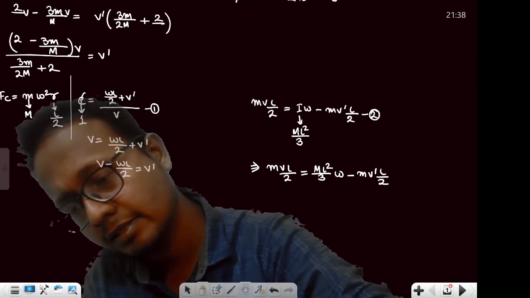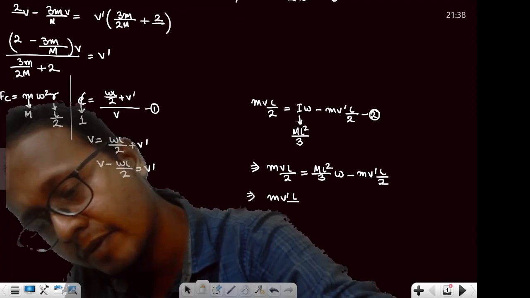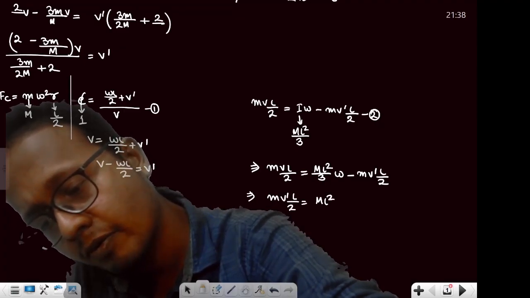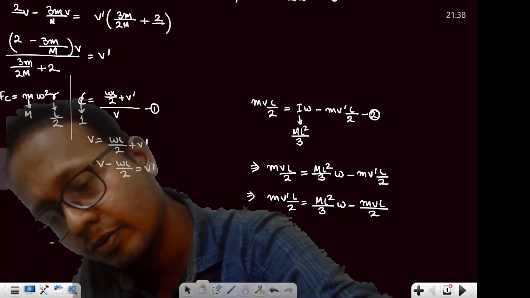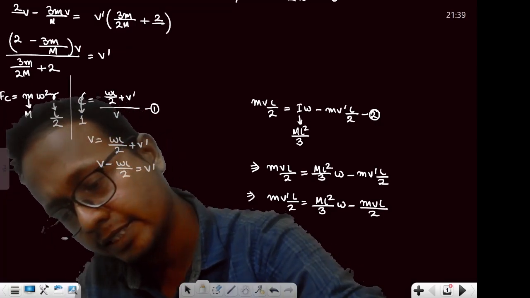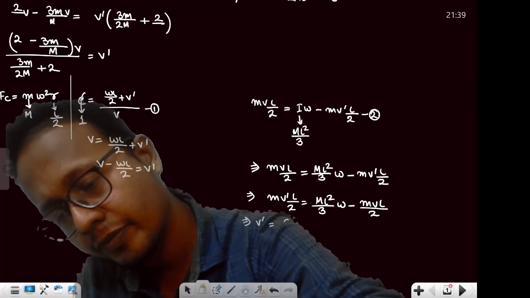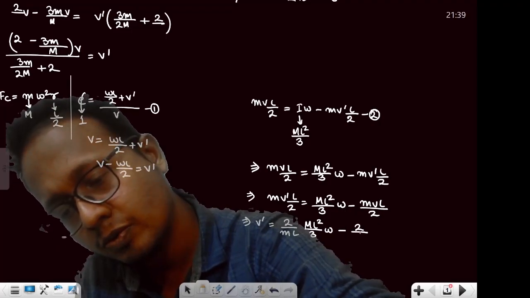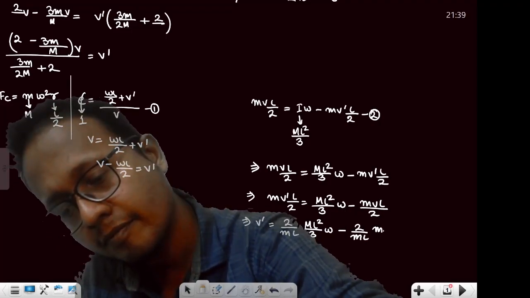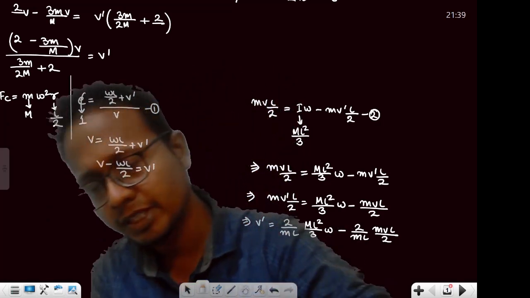Now I have to isolate v dash. So mv dash L by 2 is equal to mL square by 3 omega minus mvL by 2. So v dash is 2 by mL into mL square by 3 omega minus 2 by mL into mvL by 2. So this is my simplified equation.